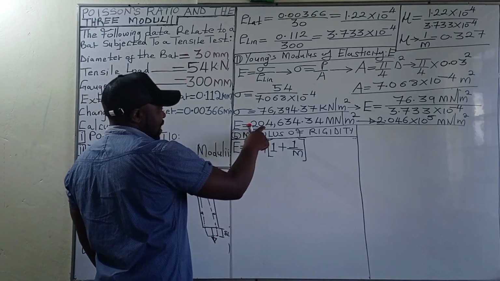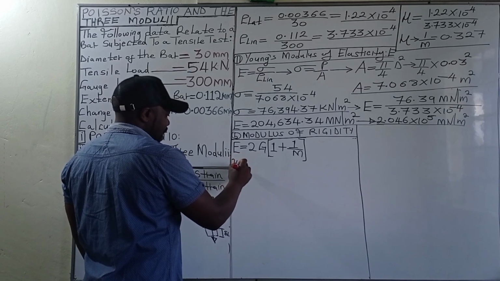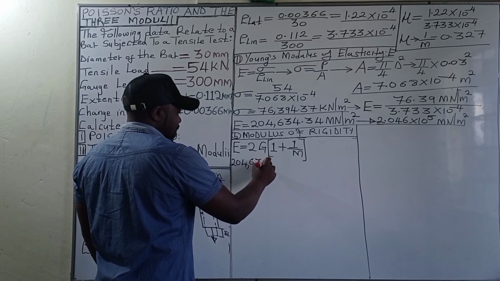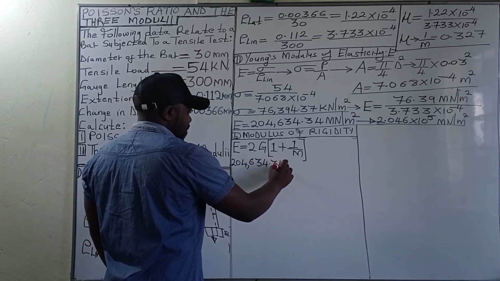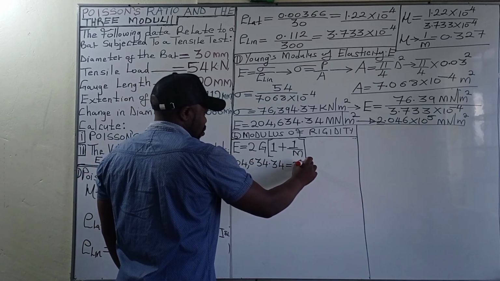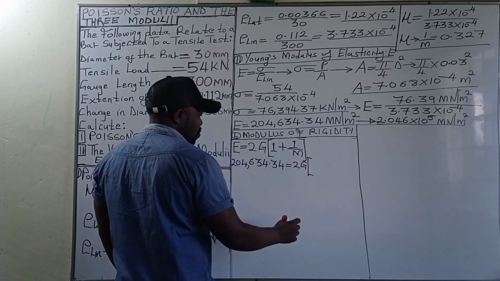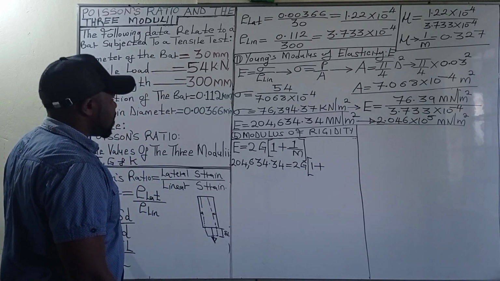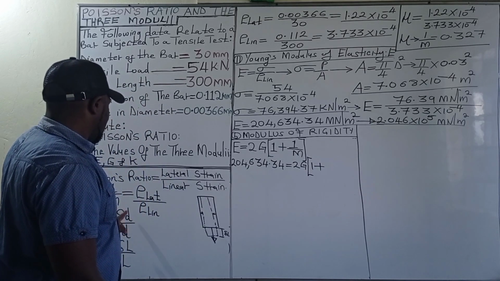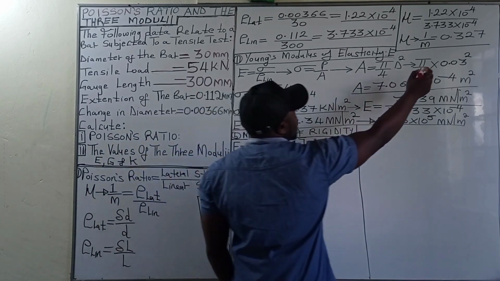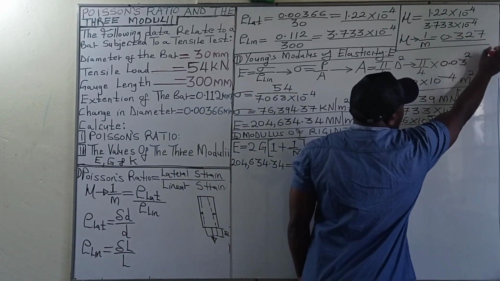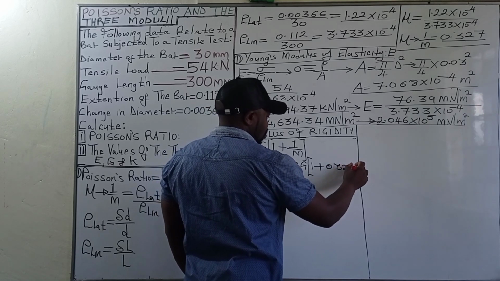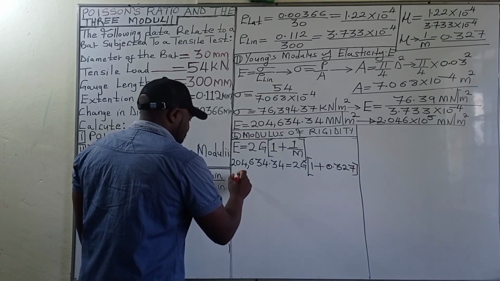Young's modulus of elasticity, 204,634.34, is equal to 2G into 1 plus the Poisson's ratio, 0.327.